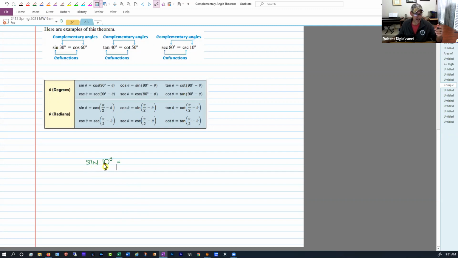Then sine of that angle will always be equal to cosine of the other complementary angle. So that means all you have to do is think of what angle would you add to 10 to get 90, right? That would be 80, right? So sine of 10 degrees is equal to cosine of 80 degrees. That's what the theorem is telling us.